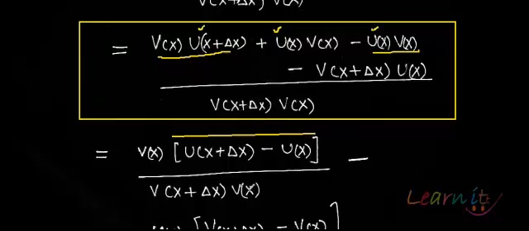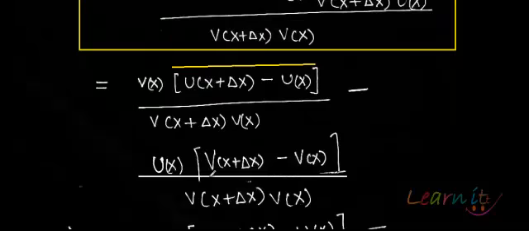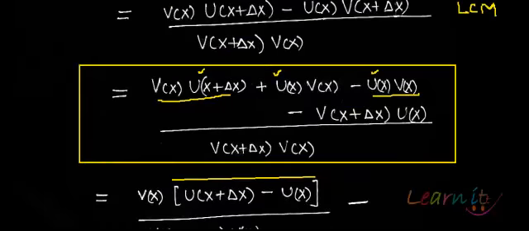Similarly, the denominator of course remains the same. This is only happening in the numerator, and I have already segregated the subtraction part. So this is the term I am left with.